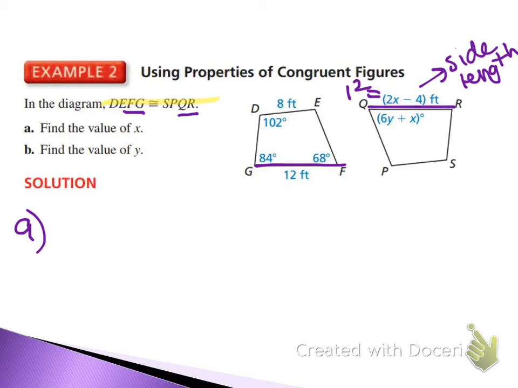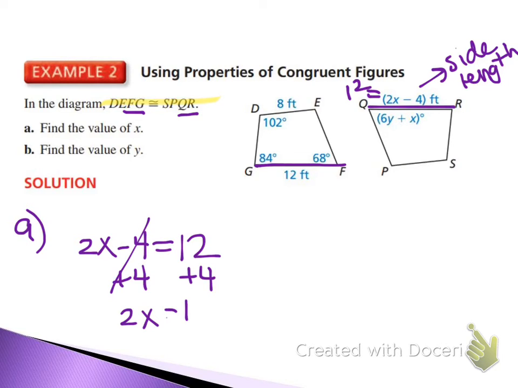So that's what we're going to set it equal to. 2x minus 4 will equal 12. The goal here is to find the value of x. It's not to find what the length of QR is. So we're going to add 4. 12 plus 4 is 16. Divide by 2. x equals 8.